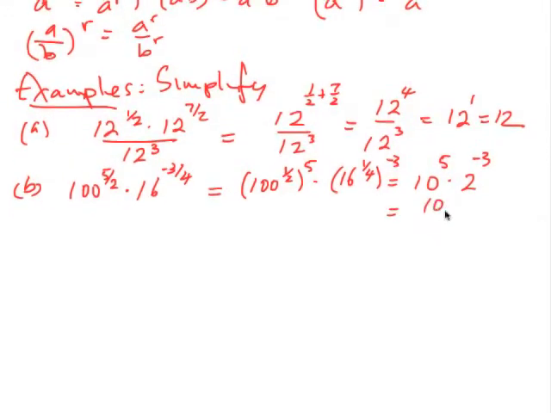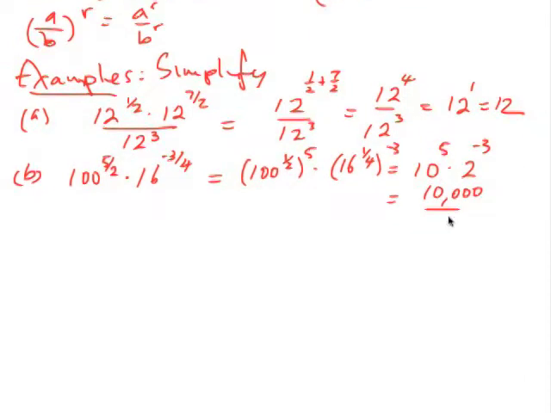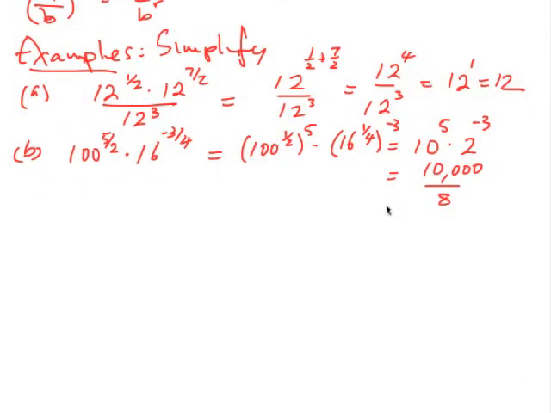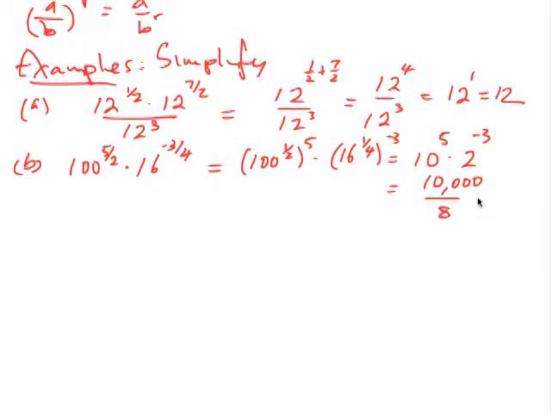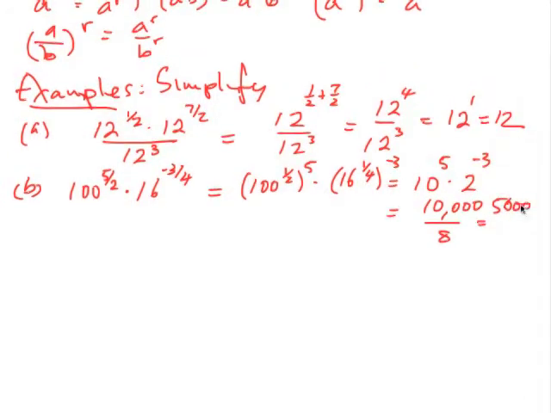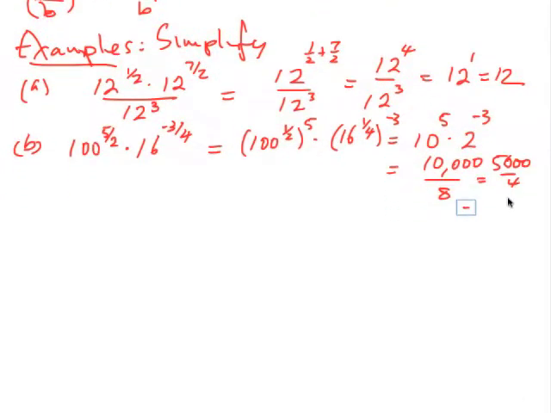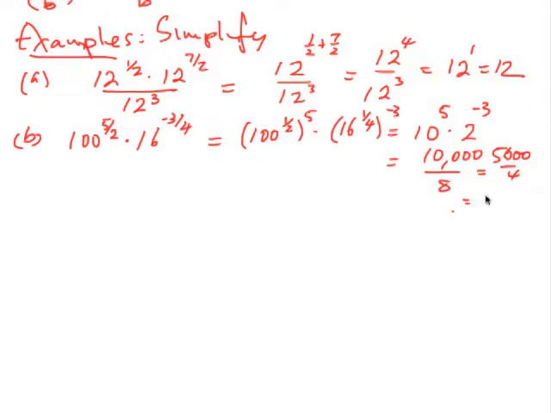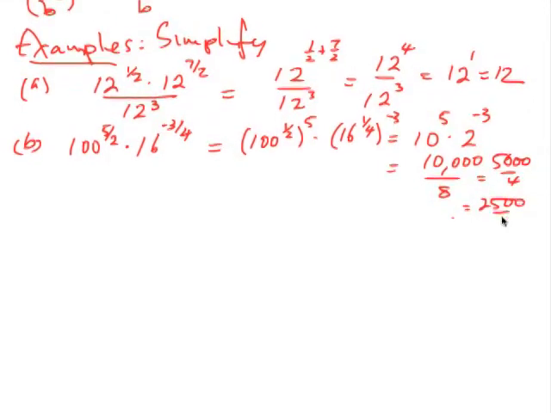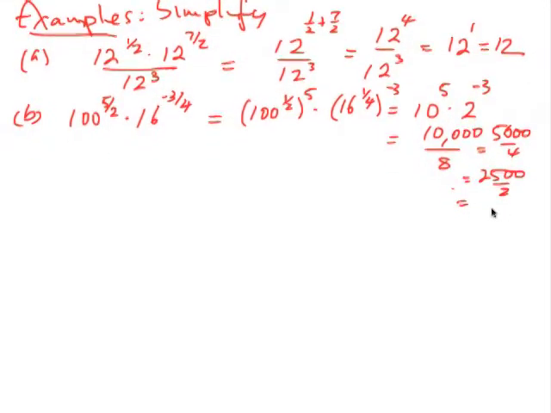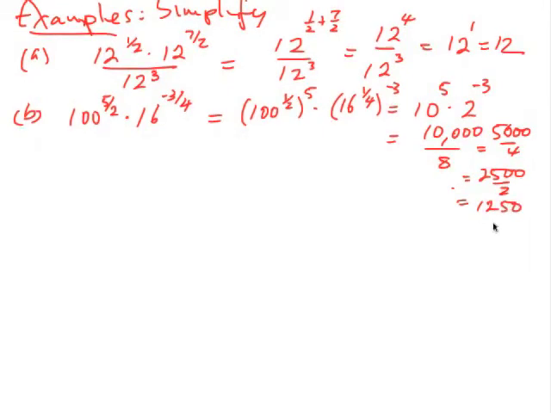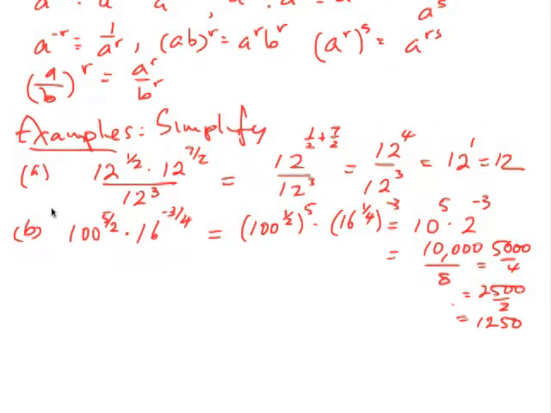So I end up with 10,000 here over 8. Okay, which of course is 5,000 over 4, which of course is equal to 2,500 over 2, which of course is 1250. Okay, so we can break it all the way down.